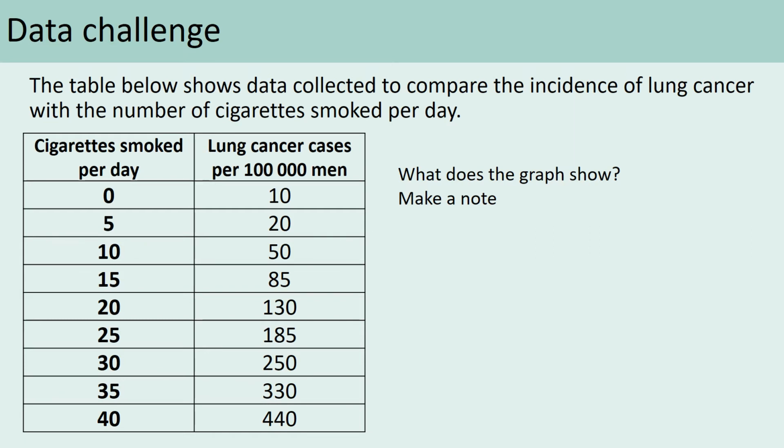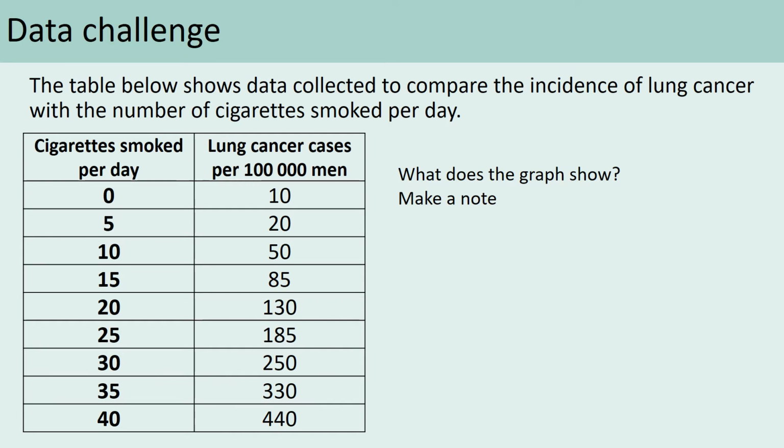This will be the information that you gather or measure depending on the first column. And again, we can see that the numbers are increasing. So we can say that as the number of cigarettes smoked per day increases, the number of lung cancer cases per 100,000 men also increases. That is how we would put our sentences if we were asked to do this in an exam.